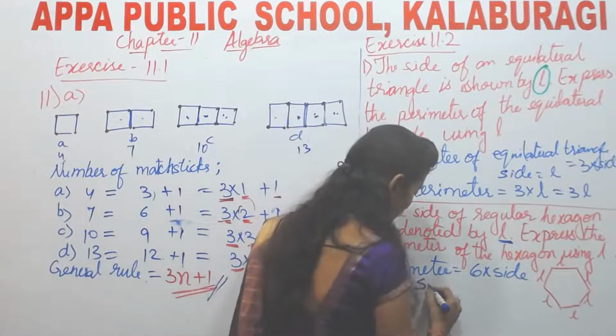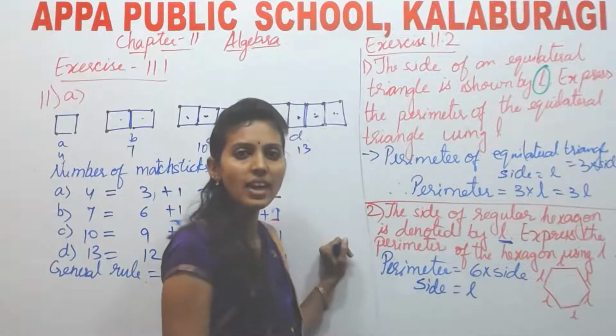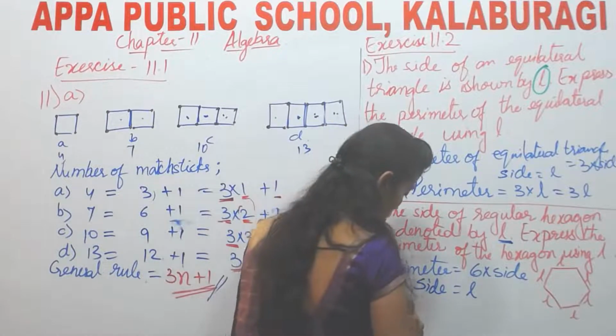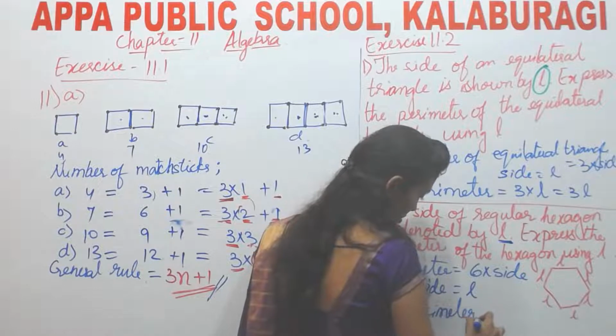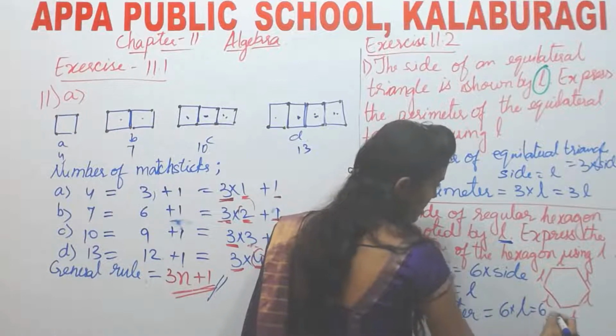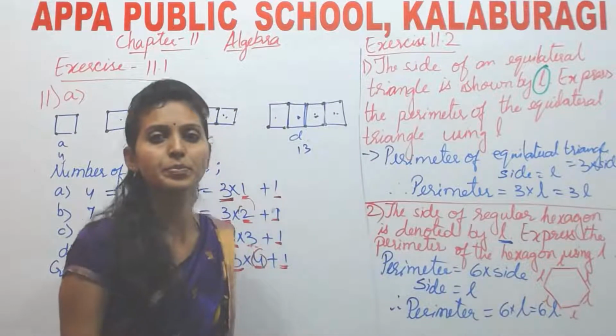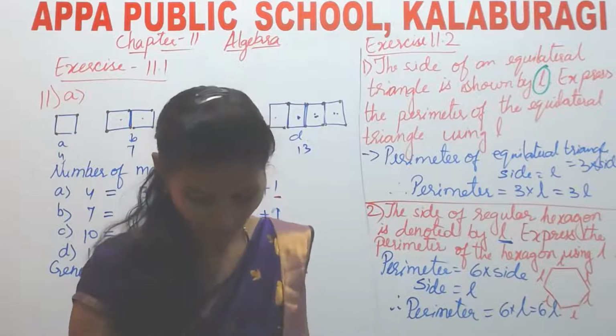But the side is given as L. So therefore, perimeter equals 6 times L or else 6L. Right? Yes. Next, third one.